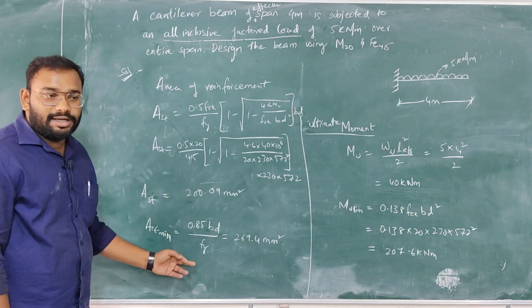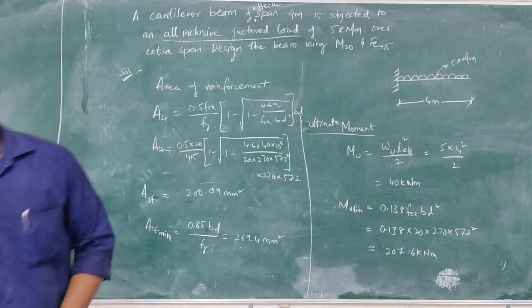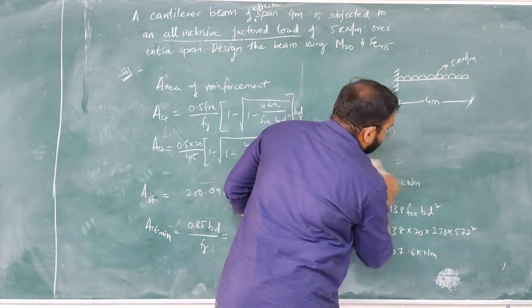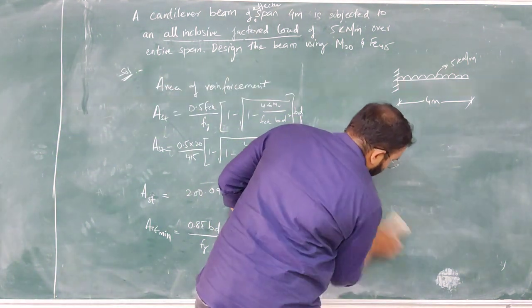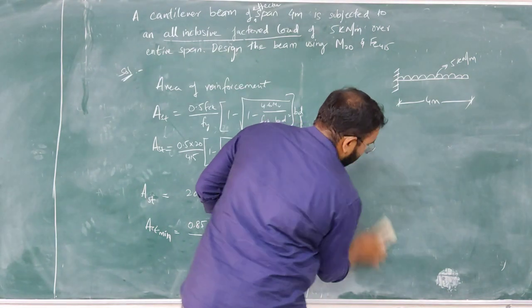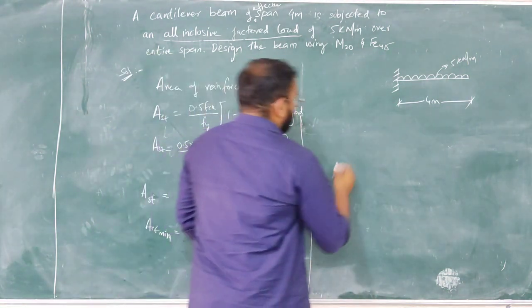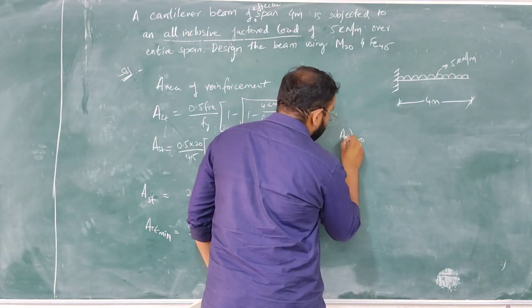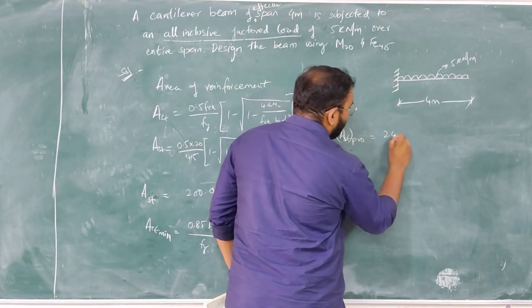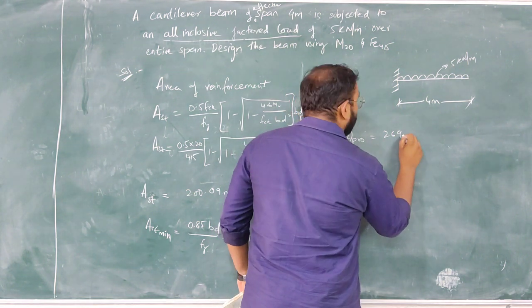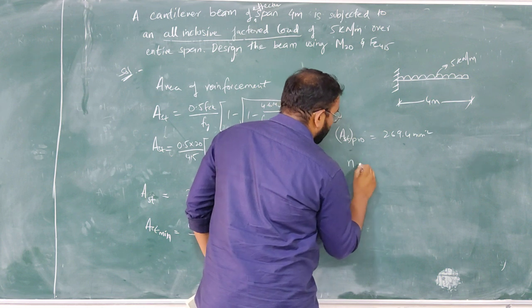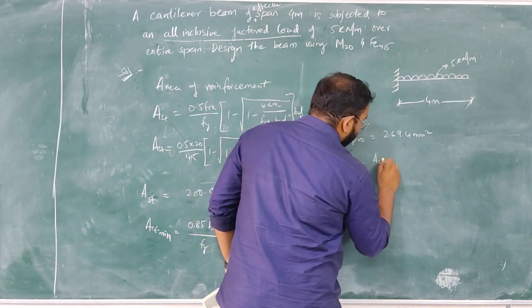So which should be provided? 269. Okay, so 200 is less. You need to provide 269. So Ast provided is equal to 269.4 mm square.